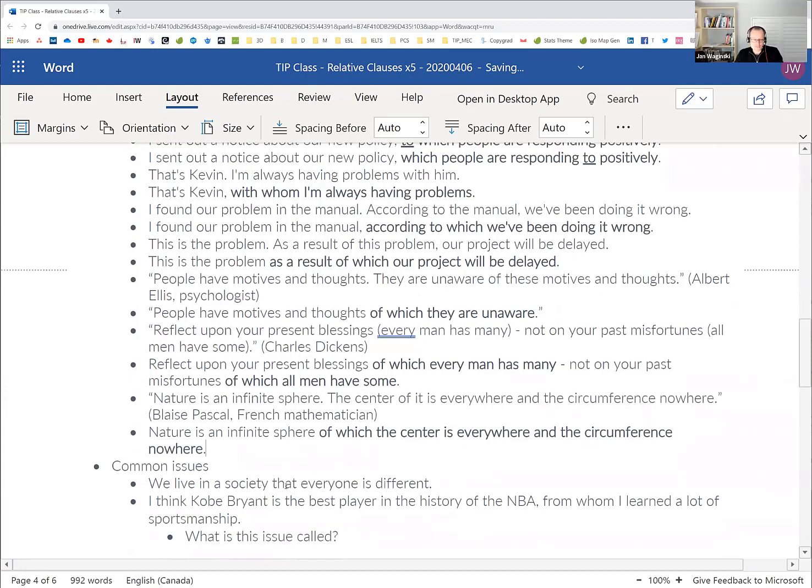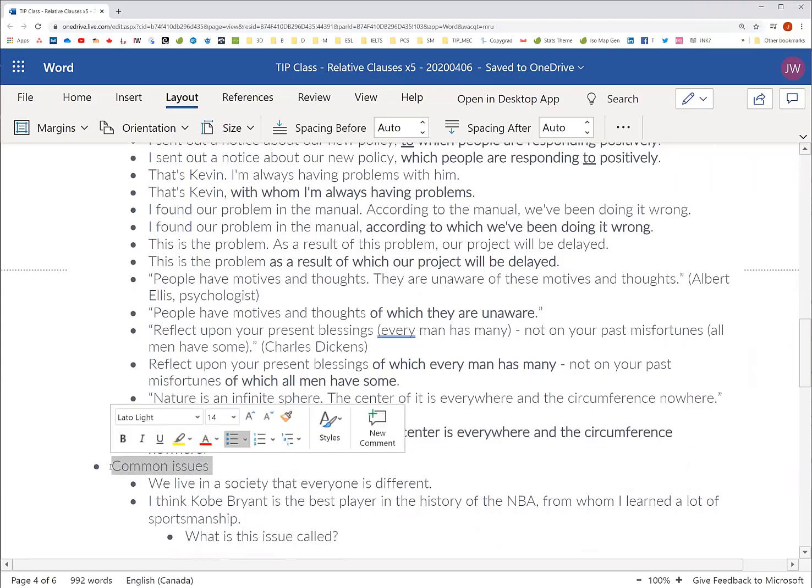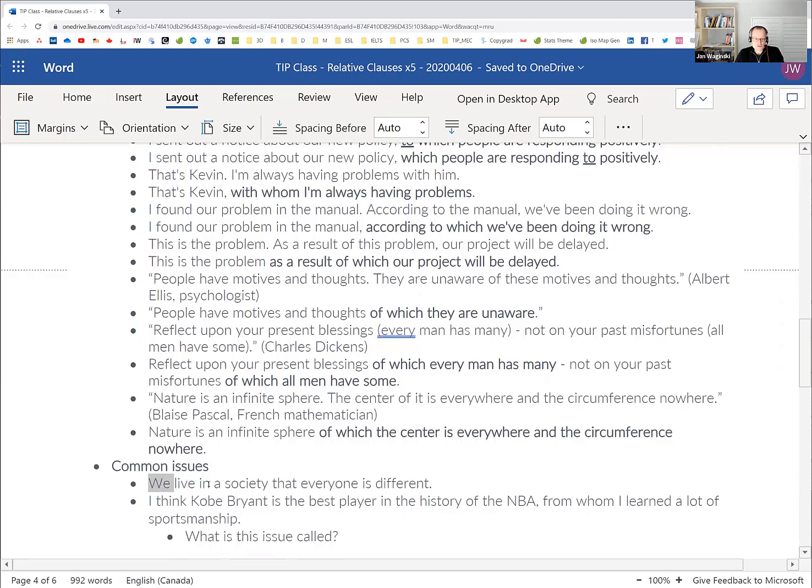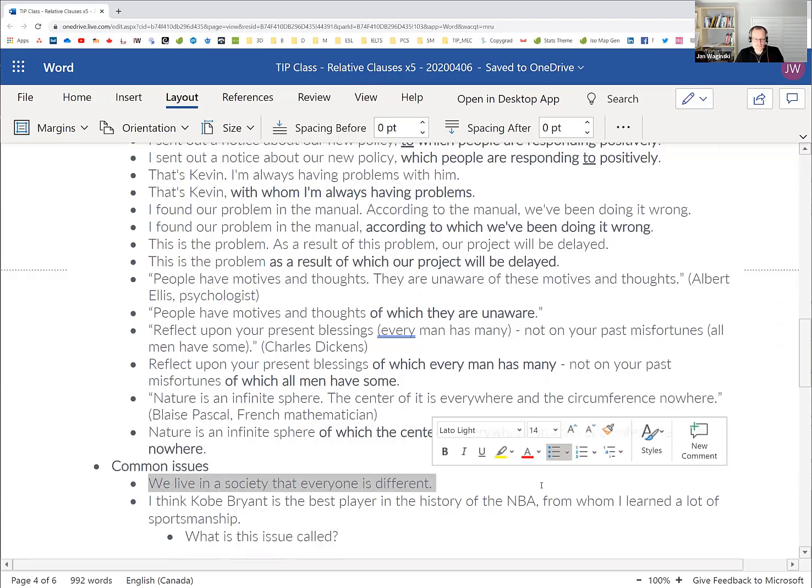So here's a couple typical issues. We live in a society that everyone is different. There's a couple ways to fix this. Any suggestions?